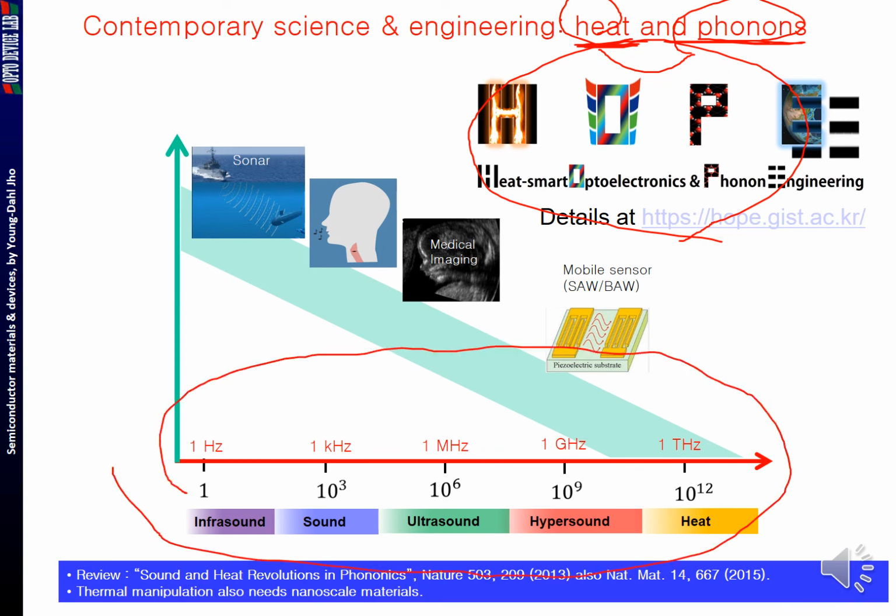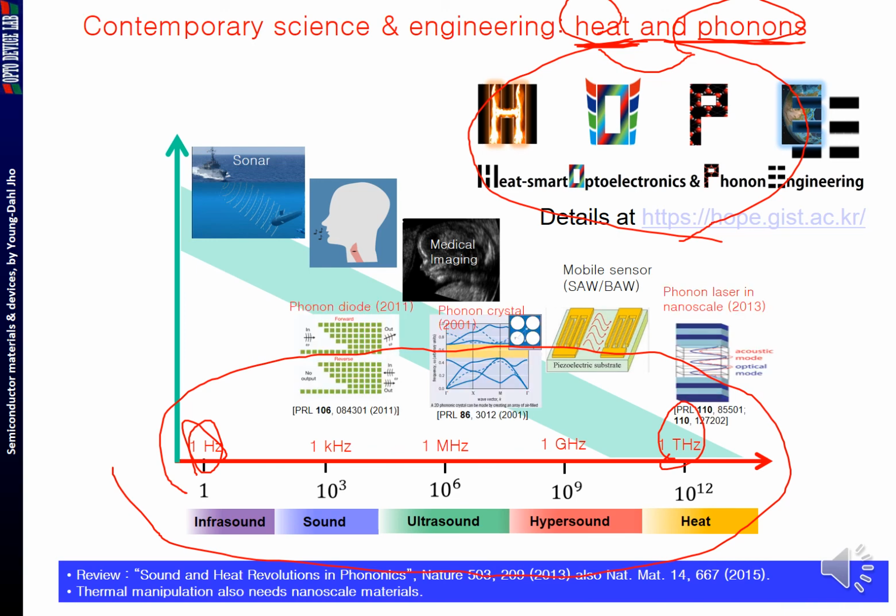Sound also has its own frequency range, 1 hertz to 1 terahertz. For different frequencies, related topics like diode concepts showed up. And this 1 kilohertz is the sound frequency. The sound is somehow manipulable. It worked very well based on these device concepts.